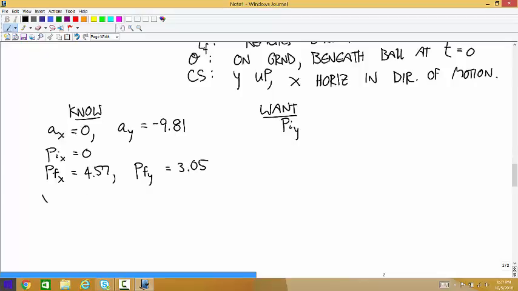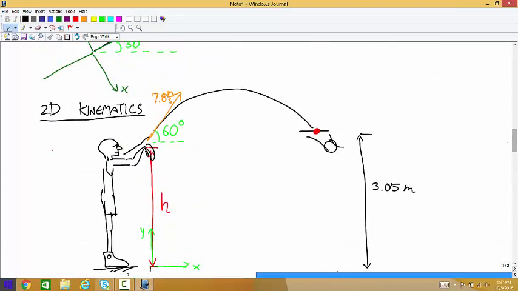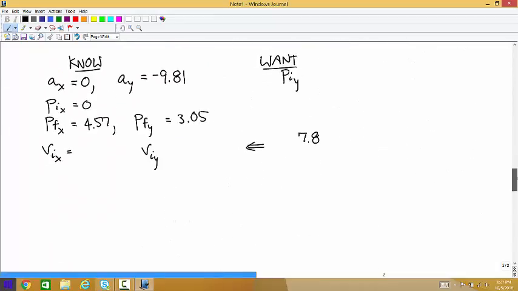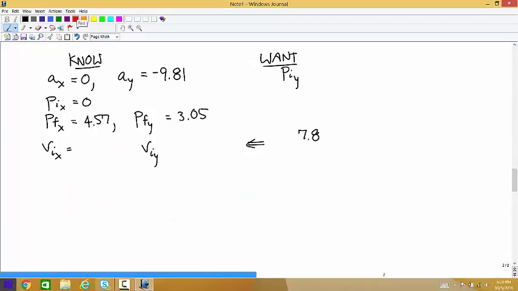And then the initial velocity we can get from the speed and the angle. So for this one, we're going to use 7.8 times cosine and sine of 60. So our vector is 7.8. This angle is 60 degrees.